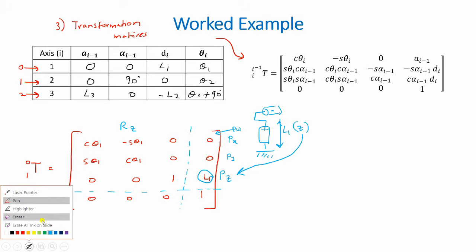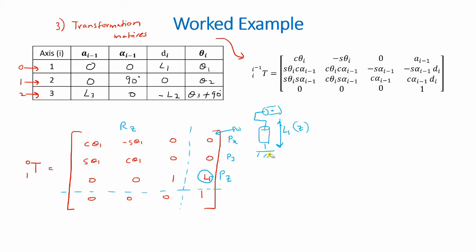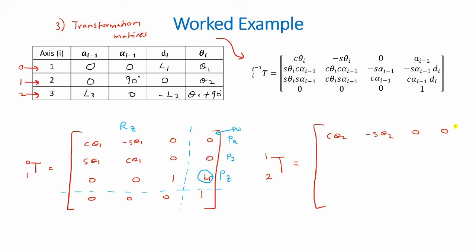Now let's have a look at T12. So it would be 1 to 2. For t1 to 2, we use the second row values. So cos theta 2, minus sine theta 2, 0. ai minus 1 is also 0.